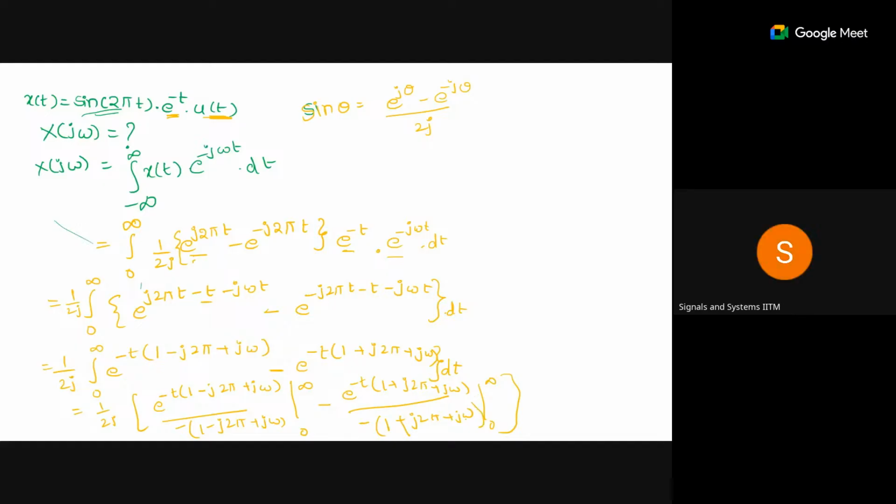Can you substitute the limits and tell me the answer? What will be the resulting expression after substituting the limits? Just calculate and let me know.